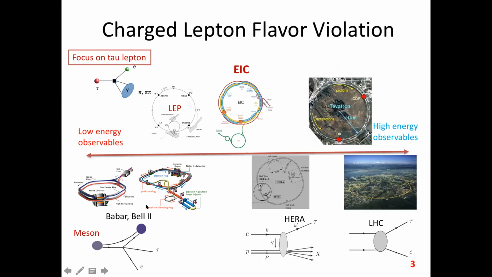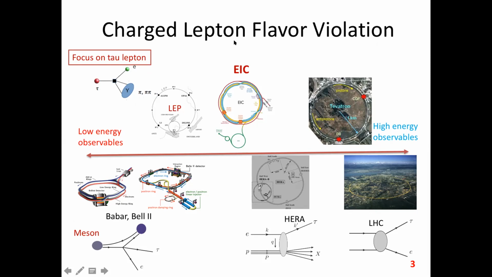For example, BaBar and Belle II search for signals from meson decays. The meson could decay to tau e, for example. Also, tau could decay to e gamma or tau to e pi pi. And HERA and the LHC also search for this charged lepton flavor violation.